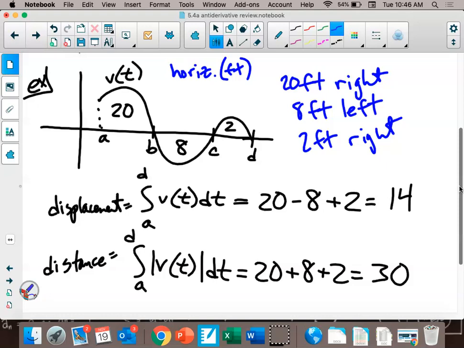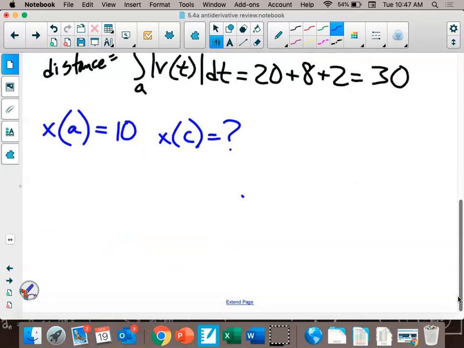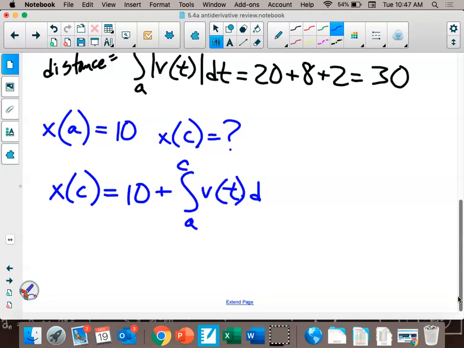So what's your position at time C? Well, if they tell you, in a very common problem, suppose x of A equals 10, then what's x of C? Well, x of C would be whatever you started at plus whatever your displacement was from A to C. What's your net change in position?